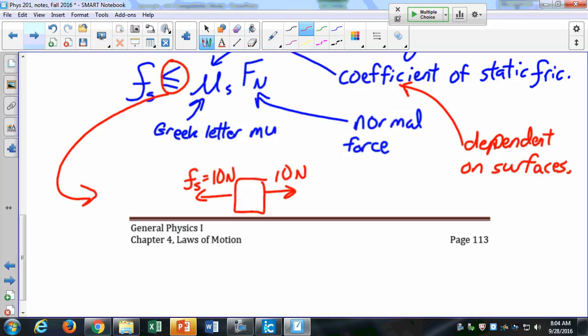It has gotten bigger. The static frictional force, as long as the object is stationary, will increase to meet whatever force you're applying to it. You'll see how this comes up in problems, but just keep that tucked away for right now.